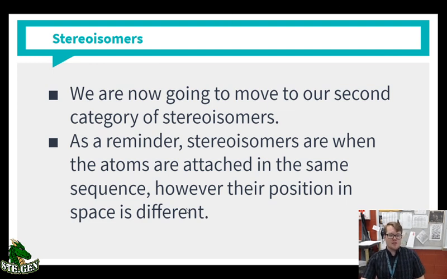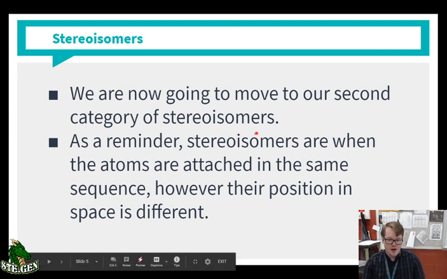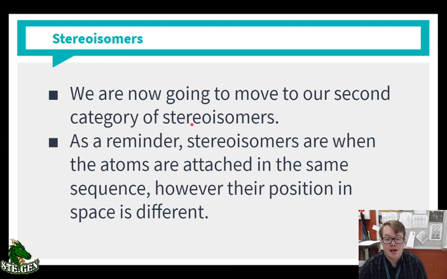So we're going to be moving on to the second category of isomers. Stereoisomers in particular. As a reminder, those are when the atoms are attached in the same sequence, but their position in space is different. So if I make a really quick, super basic one, we've got our double bond, which is what we were looking at before.